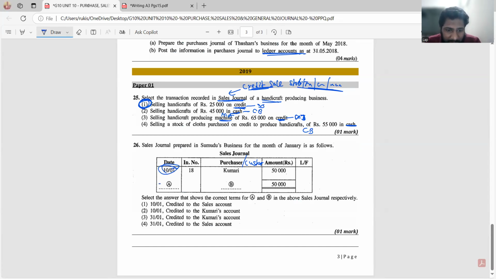January last day is 31st January. So it is the sales journal. Sales journal means credited to sales account. So let's see which answer has 31st January credited to sales account. It's there in the fourth option.